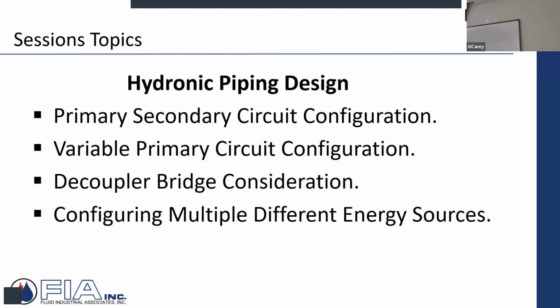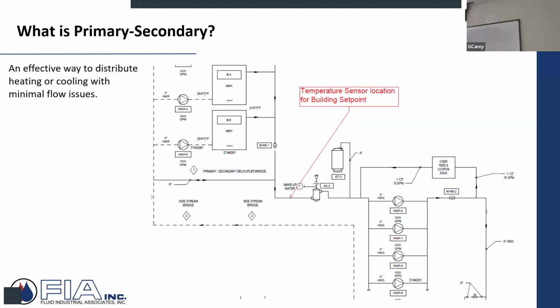And then the last thing, we'll go through an example that we got involved with fairly recently with one of the larger engineering firms. An everyday project today using primary, secondary to incorporate various new technology, heat pumps, chillers, as well as a boiler plant.